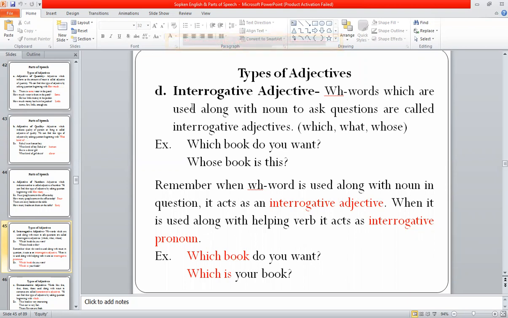When a WH word comes in front of a noun in a question, it acts as an interrogative adjective.